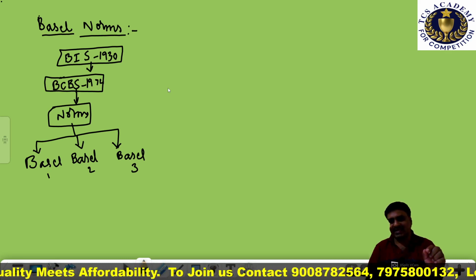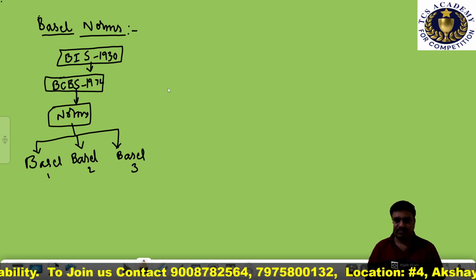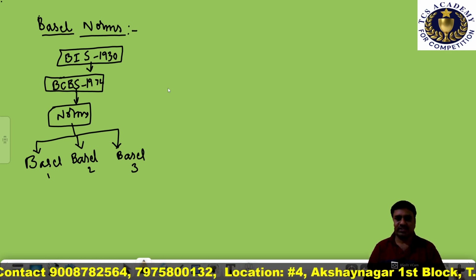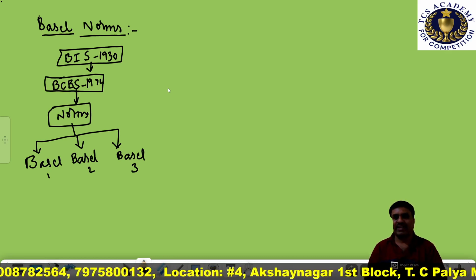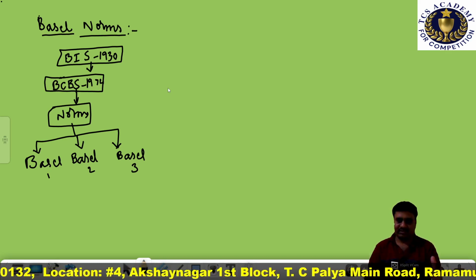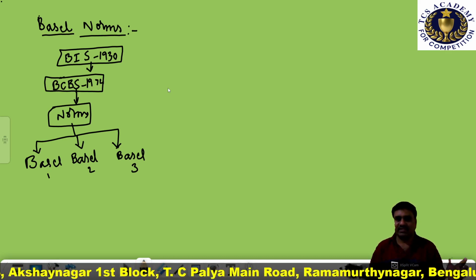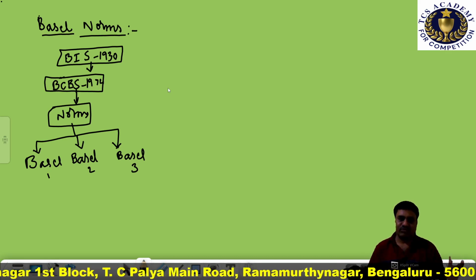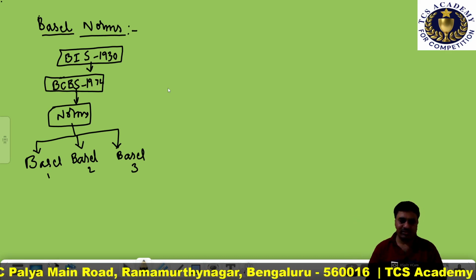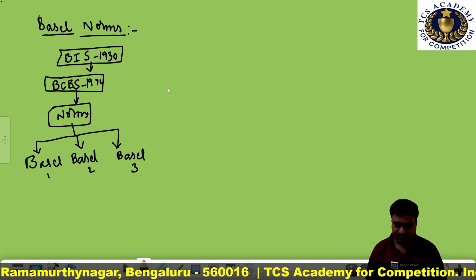Due to the banking failures in Germany and the US, the BCBS committee was constituted to suggest some recommendations on how banking risks could be tackled. So the BCBS has come out with certain norms, which are international banking regulations, to address the financial risks of the banking system across the globe.